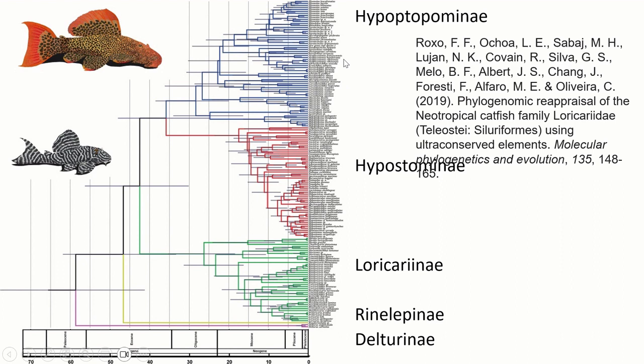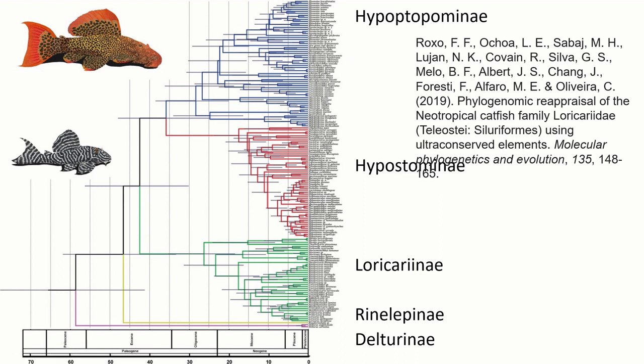So that clade there is paraphyletic. It would be an example if you call only certain groups plecos. Most people's definition of a pleco is Rhinelepinae, some of Hypostominae, but it ignores entire groups. Another example would be dinosaurs.